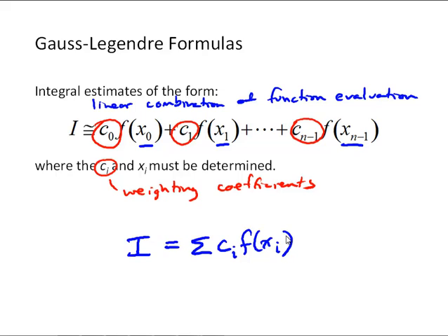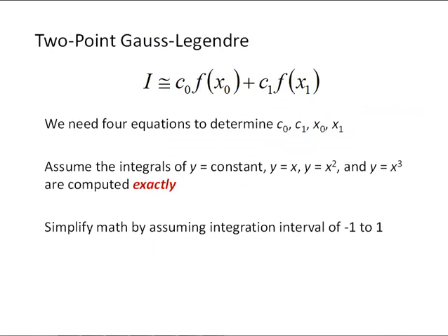There are lots of different approaches to do this, and I'm going to cover just the Gauss Legendre approach to give you a conceptual idea of how this is done. Let's look at a 2-point Gauss Legendre formula. We would have 2 unknown weighting coefficients and 2 unknown x values to evaluate the function at.